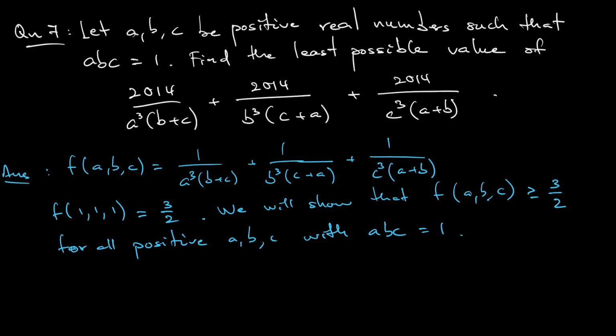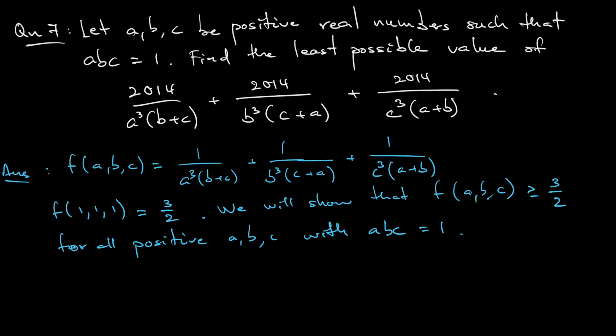Okay, so first thing first, I do the change of variables. Let x equal 1 over a, y equal 1 over b, and z equal 1 over c. Because a multiplied by b multiplied by c is 1, x multiplied by y multiplied by z is still 1.